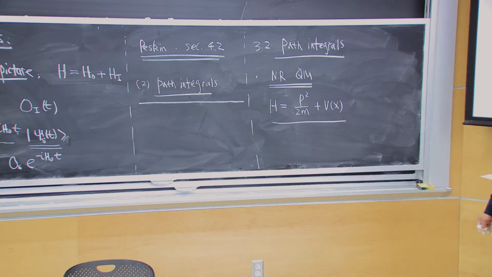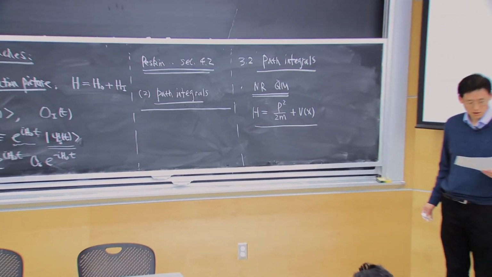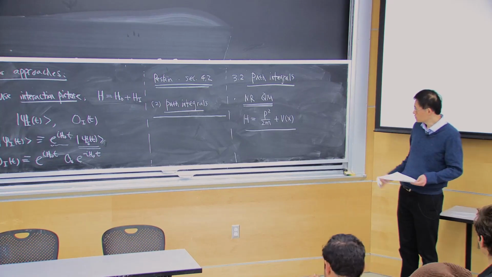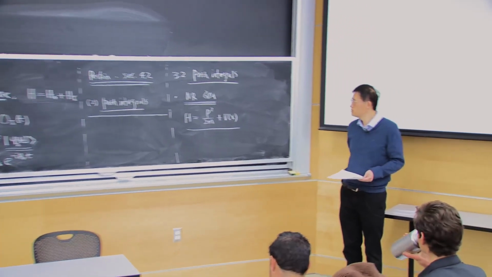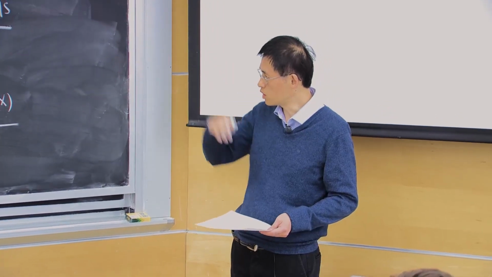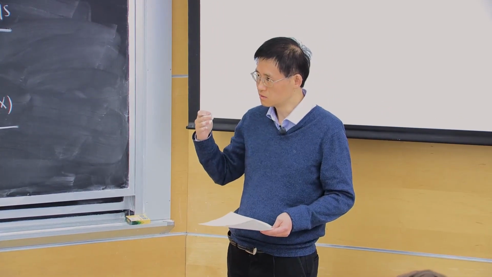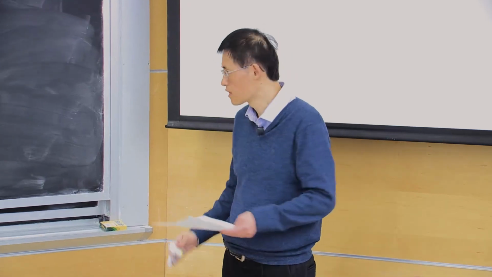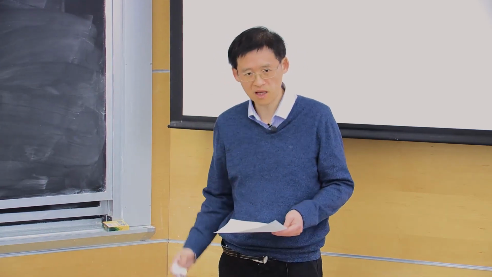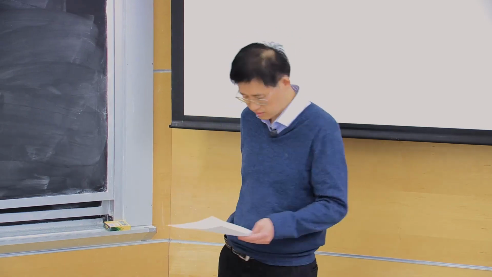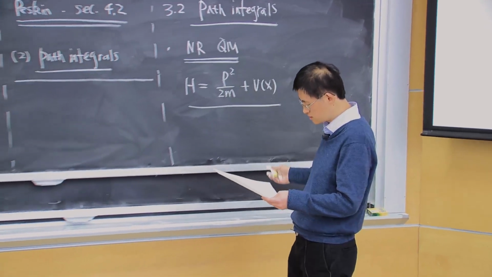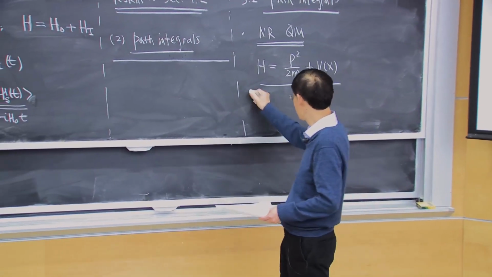Okay. Good. So now the key point about the path integral is that normally in quantum mechanics, you start with the Schrodinger equation, but the path integral starts with a different object. The object which the path integral is most convenient to treat is the propagator we discussed before.